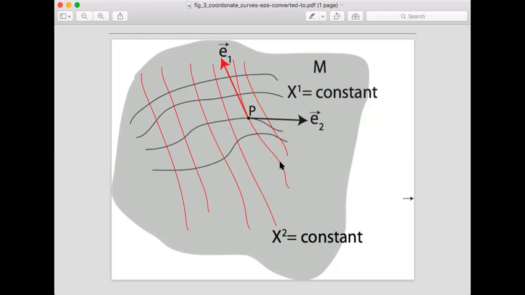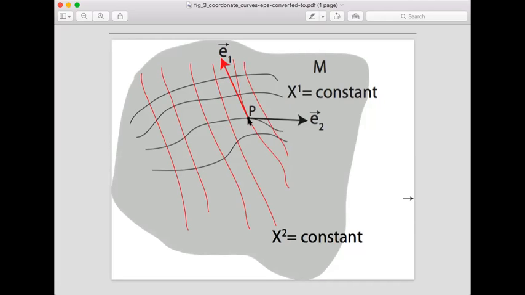In other words, just to recap, we're trying to define these basis vectors, E1 and E2, in our 2-dimensional manifold. So we choose a coordinate system. Once we have a coordinate system, we can define these coordinate curves. Once you have a set of curves, you can define tangent vectors at any given point. If you want the basis vectors there, you find the 2 coordinate lines that go through that point.